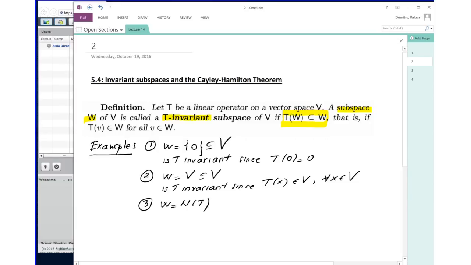Here's another subspace of V, the null space of T. Null space of T consisting of all those vectors that T maps to 0. So what happens if I apply T to an element of its null space? It goes to 0, but that's still part of the null space, correct? So it's the invariant.